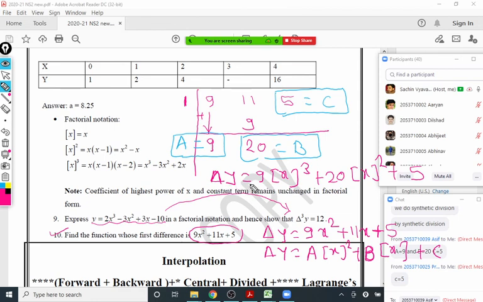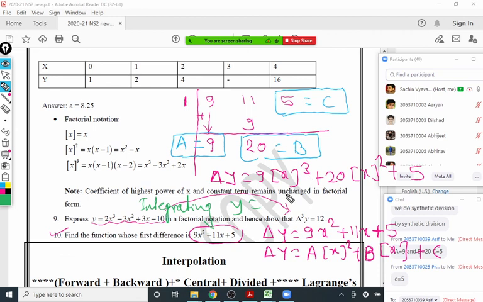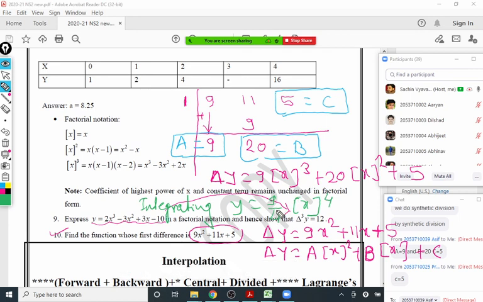Integrating, y is equal to, what's the integration of 9x cube? 9 by 4 into fourth factorial of x plus 20 by 3 third factorial of x and lastly plus 5 factorial of x.